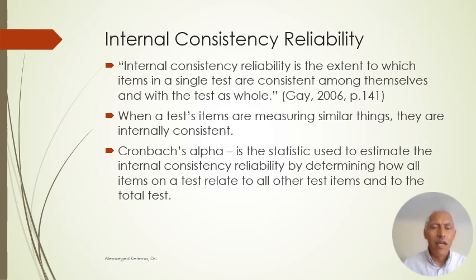Internally consistent. And for this, what they use is this thing called Cronbach alpha. This is the statistic that will be used to estimate the internal consistency reliability by determining how all items on a test relate to all other test items and to the total test.